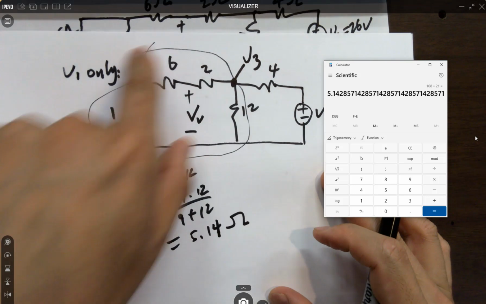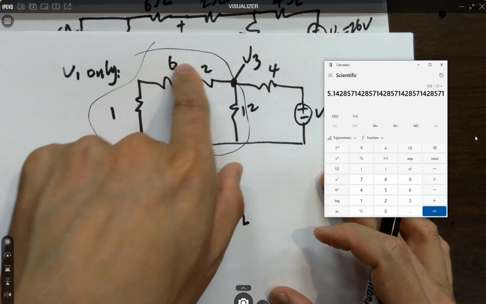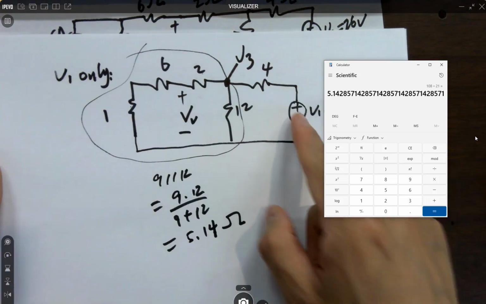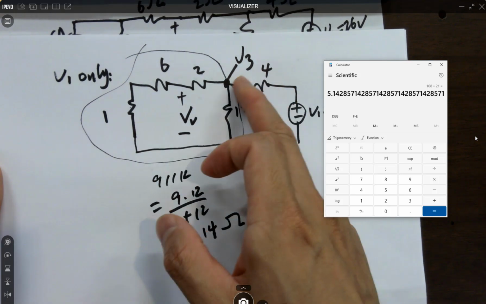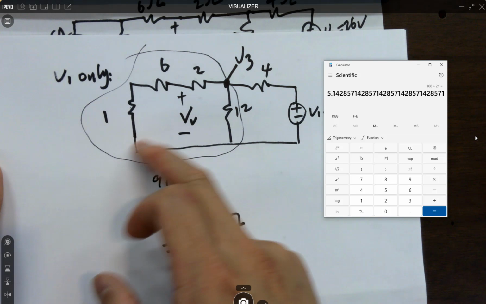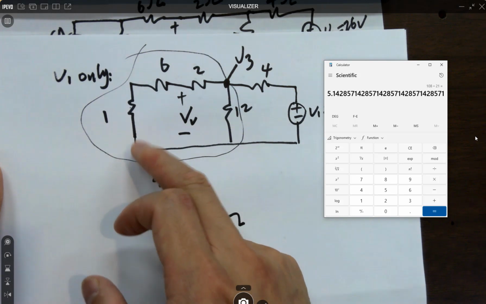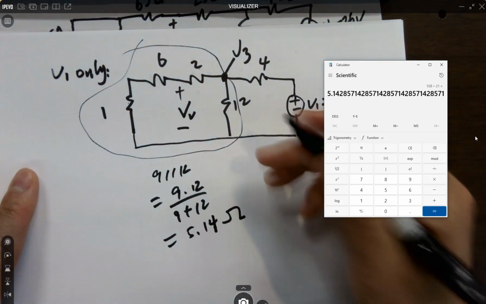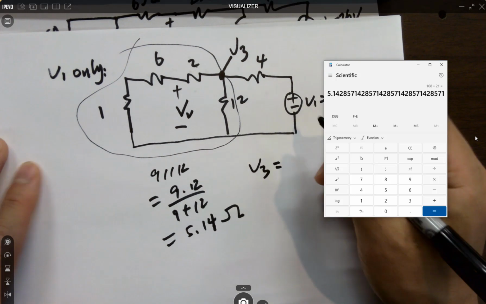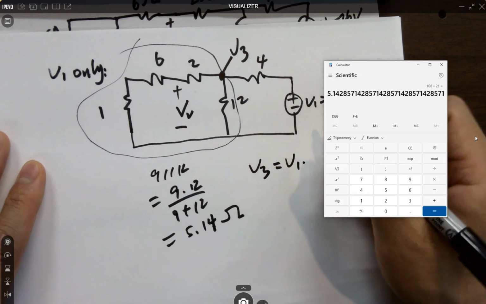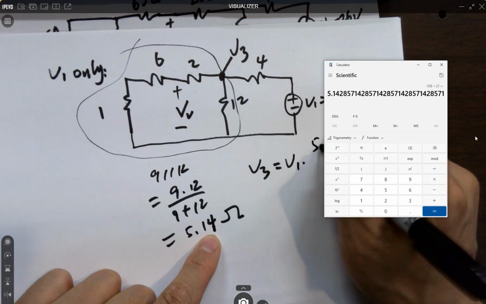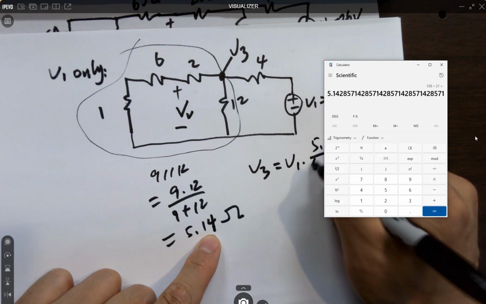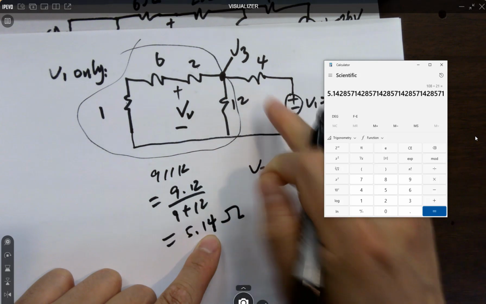If this whole black box can be replaced by one resistor, you just form another voltage divider here. Again, you got a voltage source, a resistor, another resistor. So it's another voltage divider in series. You can get V3. So V3 equals V1 times this resistance in the black box, 5.14 over 5.14 plus 4 ohms.